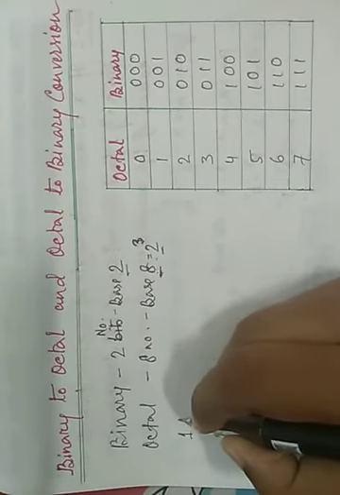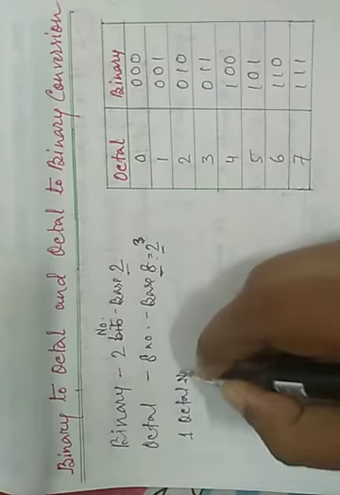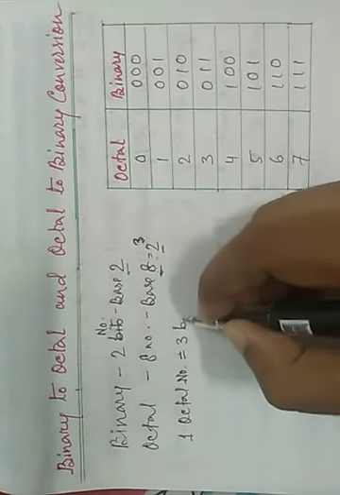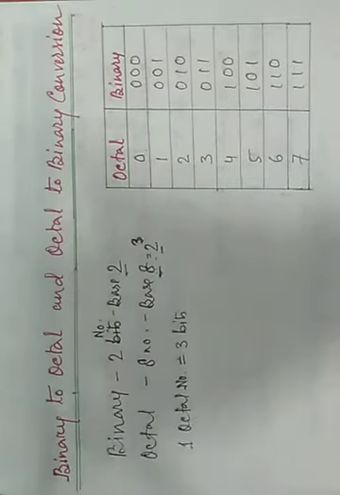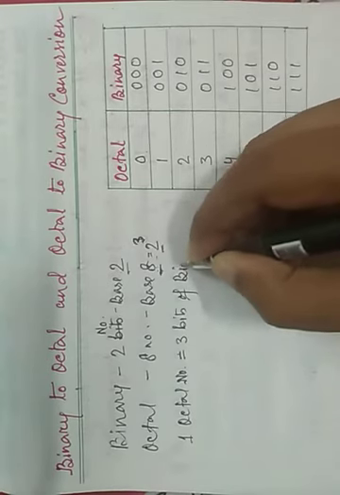That means 1 octal number equals 3 bits of binary number.